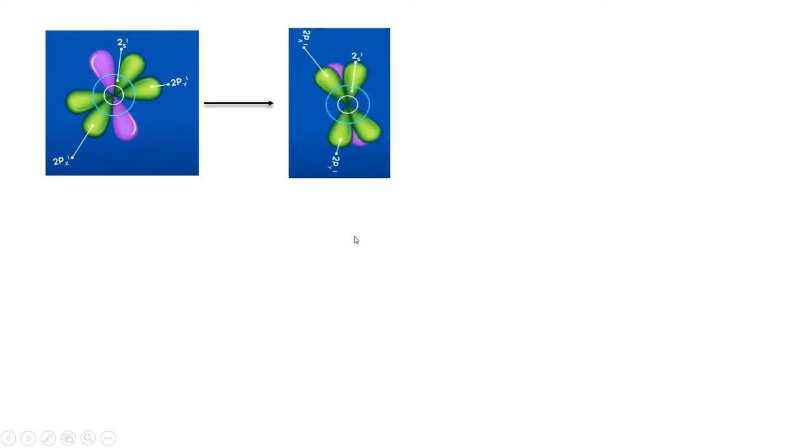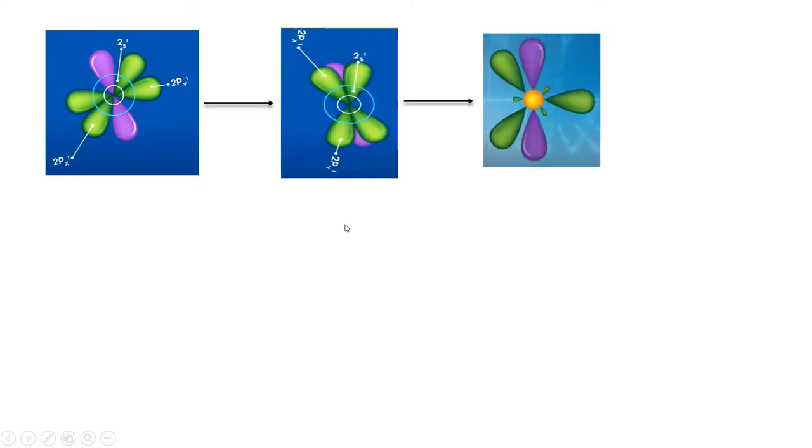So we can again see here the 2s orbital, it is combining with these green lobes, px and py orbitals, forming the sp2 hybrid orbitals. So this is how px, py combine with the 2s orbital to form these green lobes.